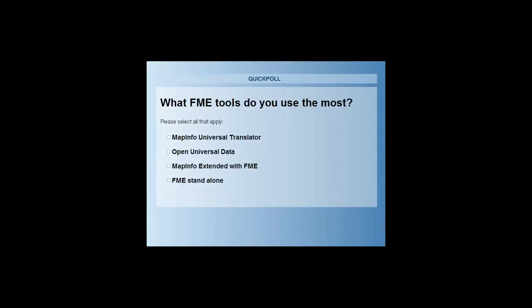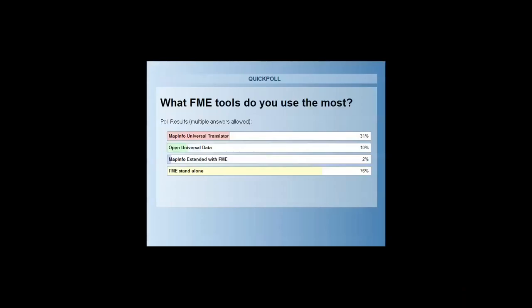Okay, so that's interesting. The vast majority of people are using FME standalone, and quite a few of you are using the older MUT, as we used to call it, MapInfo Universal Translator. I'm going to close that and then share the results.